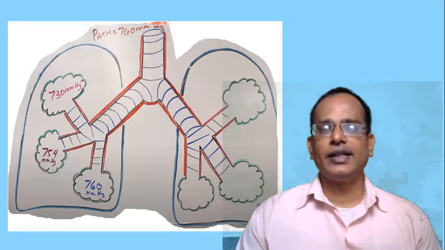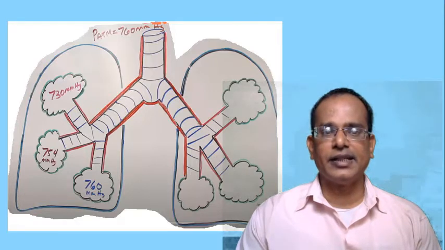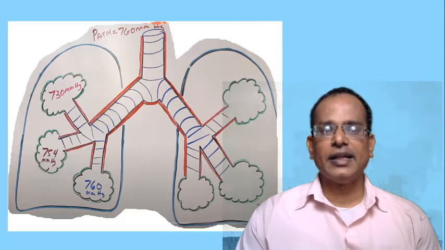When air flows into the alveoli, the pressure changes. One alveolus has 760 mmHg, another has 750 mmHg, another has 730 mmHg. Here the atmospheric pressure is higher, but inside the alveoli the pressure is very low.